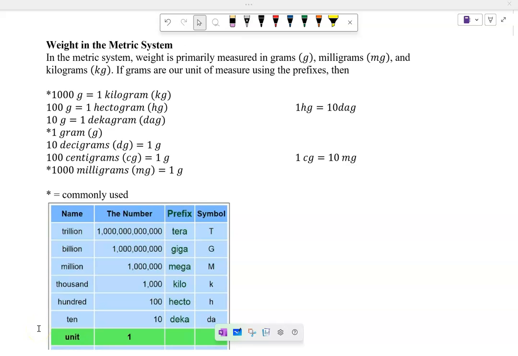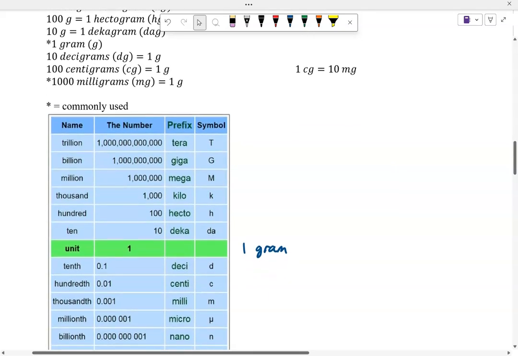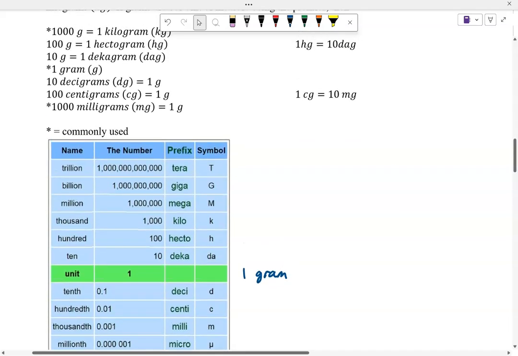Now we're going to look at weight with the metric system. If our unit of measure is the gram, so 1 gram, that's our unit of measure here if we use this table. Then a decagram would be 10 grams, so 10 grams is 1 decagram.